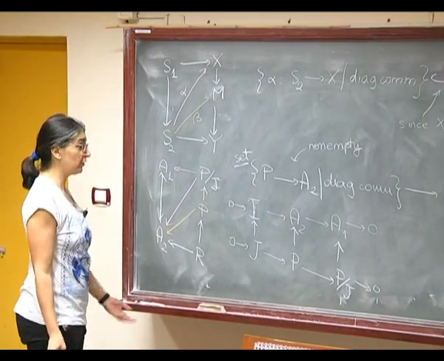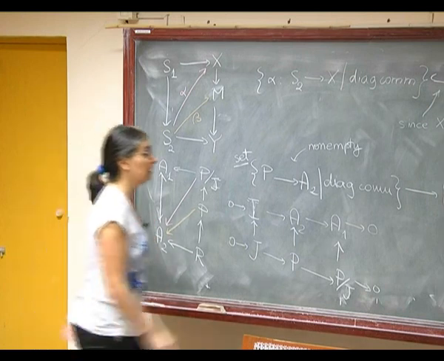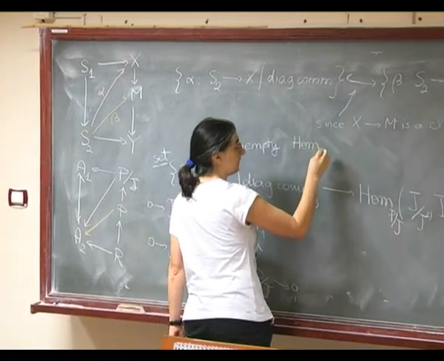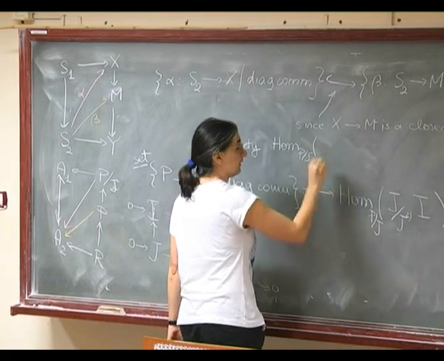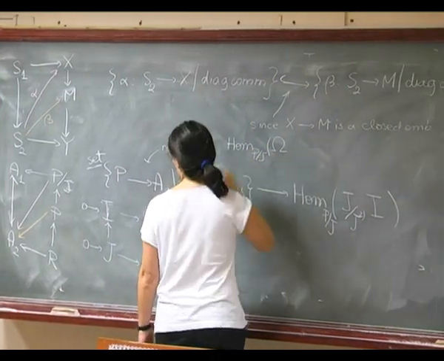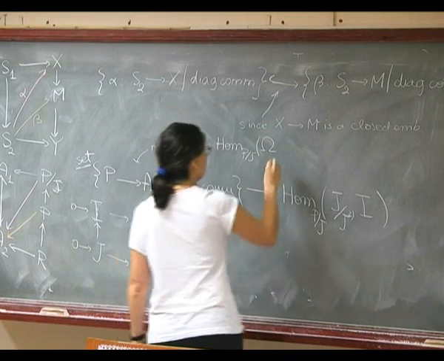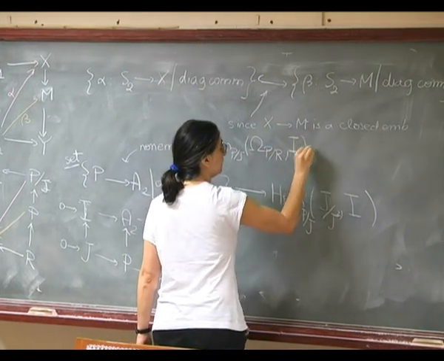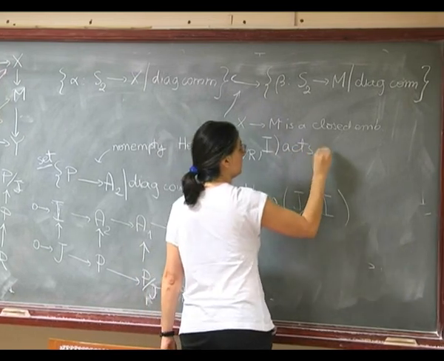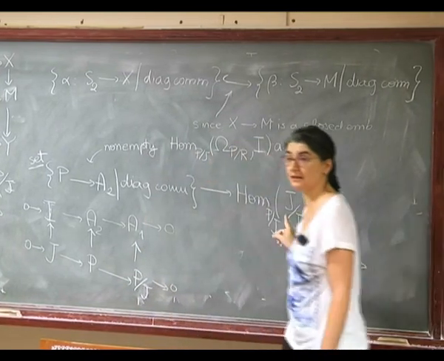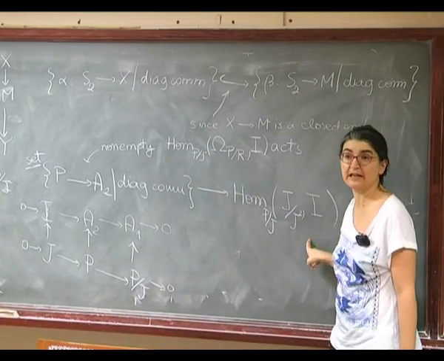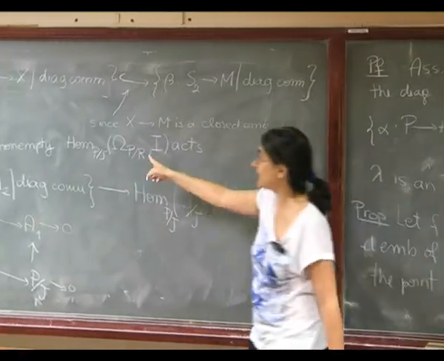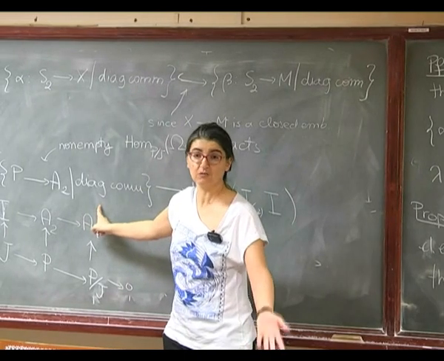And now what you have is that P mod J, omega P over R, I acts on each of these. It acts here by translation, by this homomorphism, and it acts here because this is what we said.